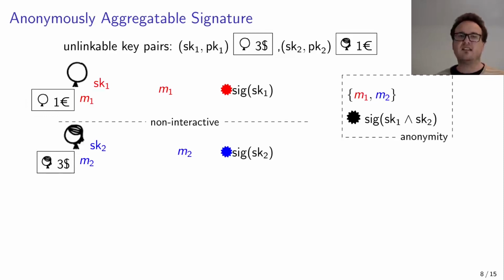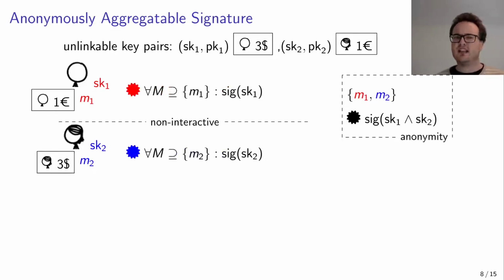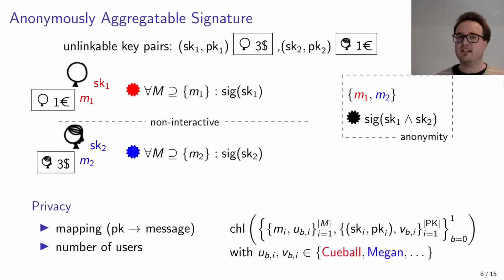And this is not achievable by signing their respective messages, but what they need is a signature which says that for any set of messages which is a superset of my message, I'm willing to spend my input. And then if we concatenate them together, we achieve the thing.